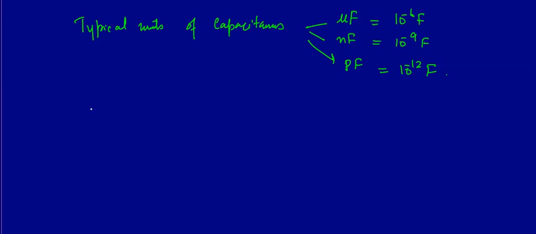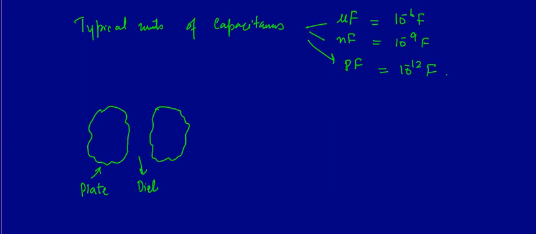That instead of one conductor, you take two conductors separated by a small distance by a dielectric medium. Here I have drawn two arbitrary shaped conductors, and each conductor is called a plate. In between them is a dielectric medium.